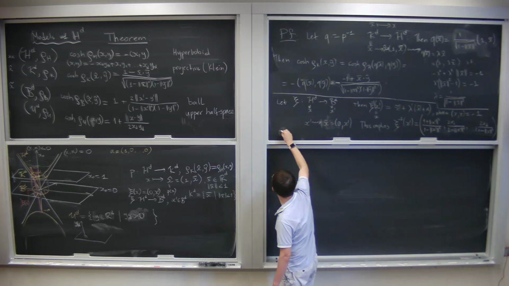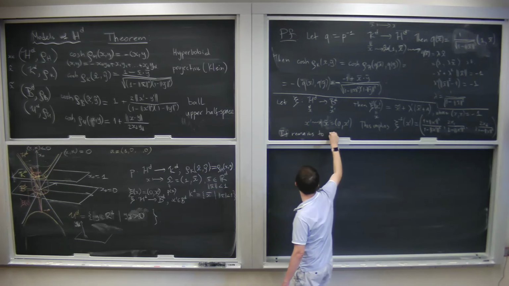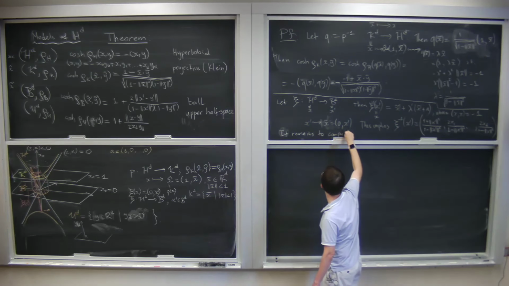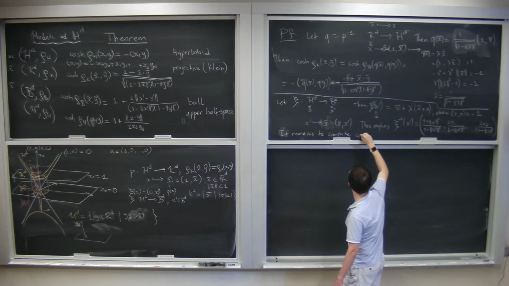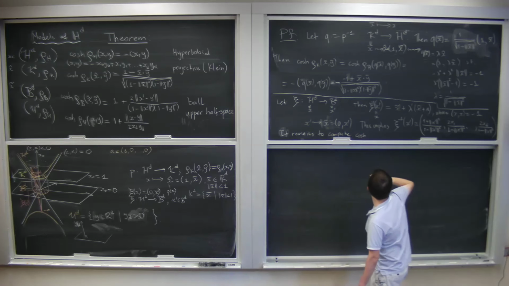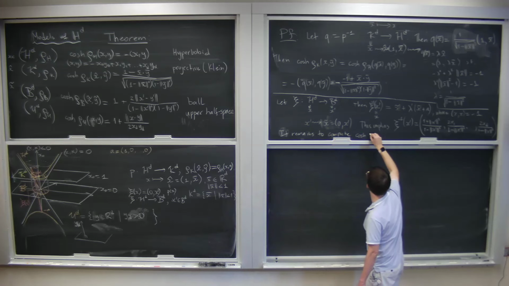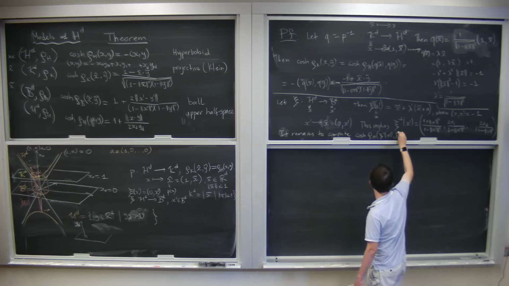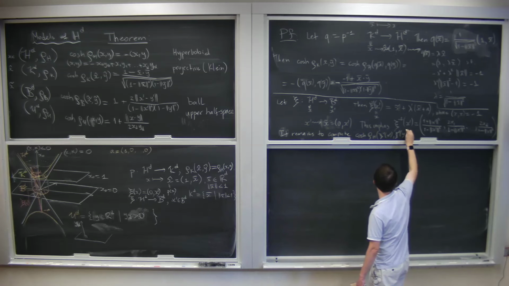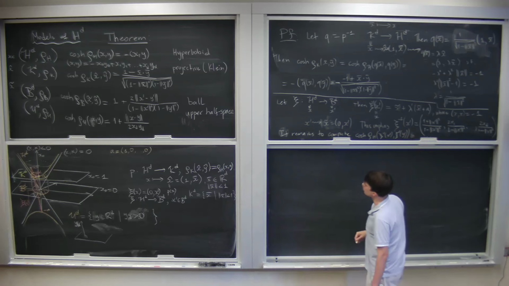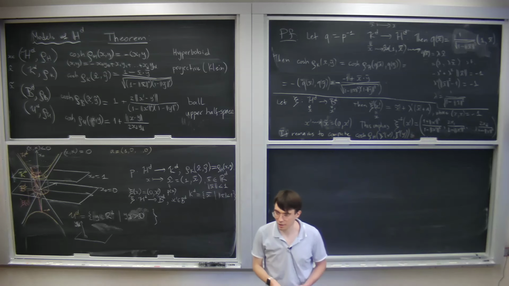It remains to compute the hyperbolic cosine of h of psi inverse of x prime and psi inverse of y prime. So I just leave it as an exercise, okay?